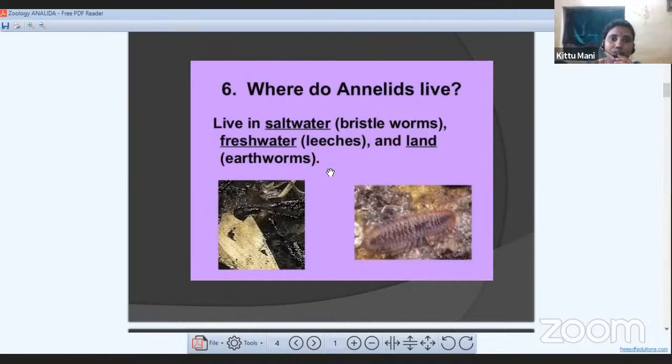They are also related to the terrestrial habitat. Terrestrial habitat means the land organisms, for example earthworms.